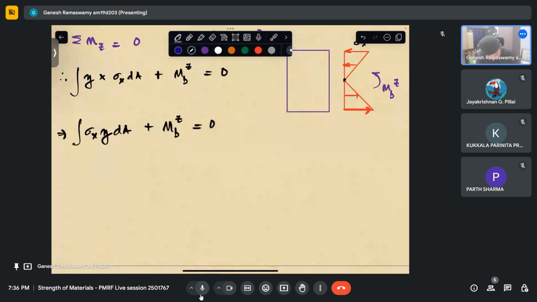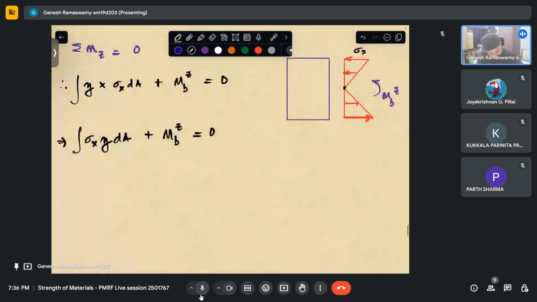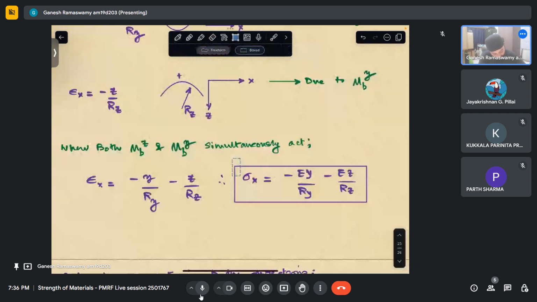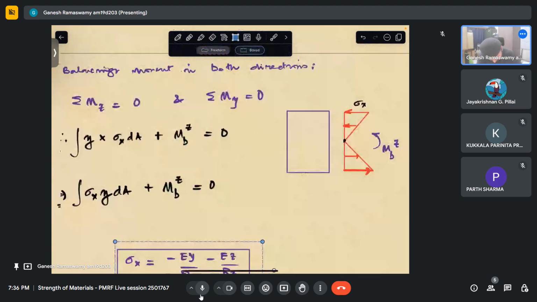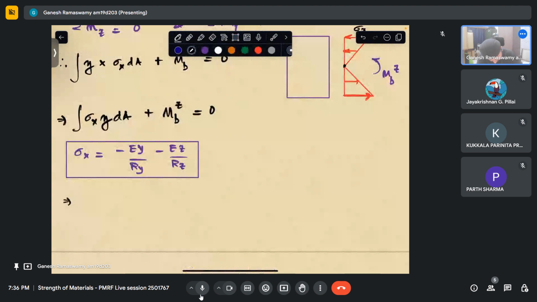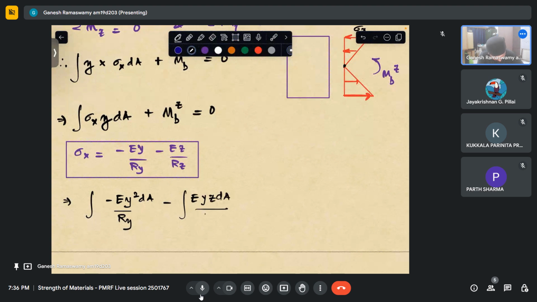Now I have this expression for sigma x here. So let me substitute this inside the bracket, and then I have minus E y square dA by ry minus E y z dA by rz plus mbz equaling 0.